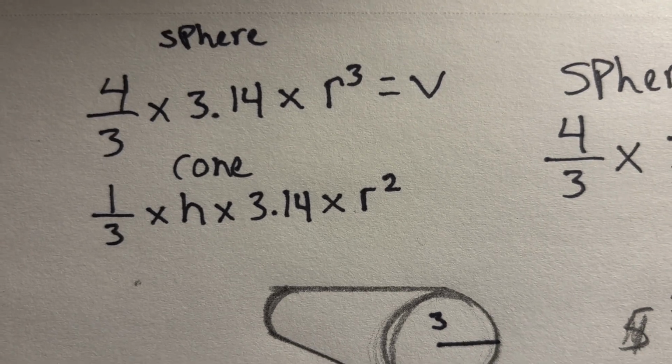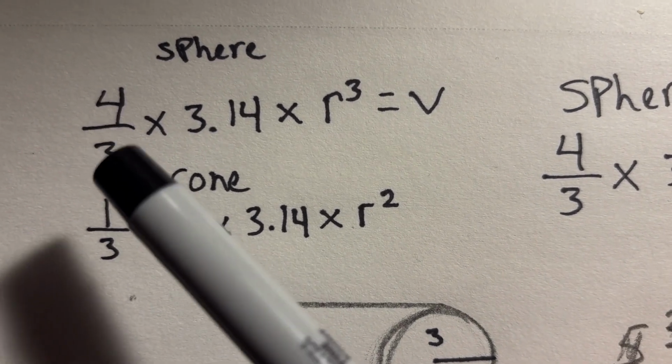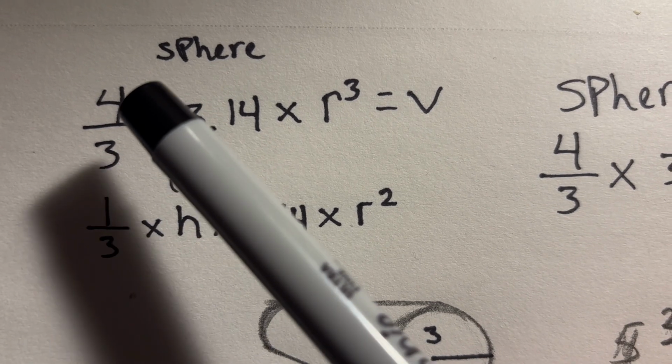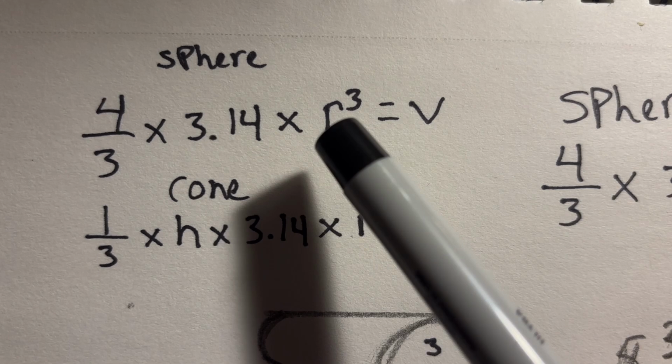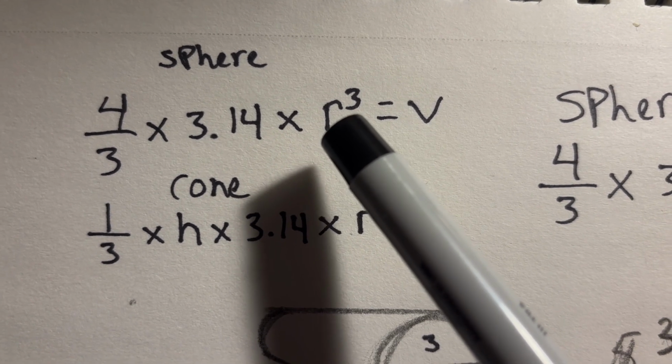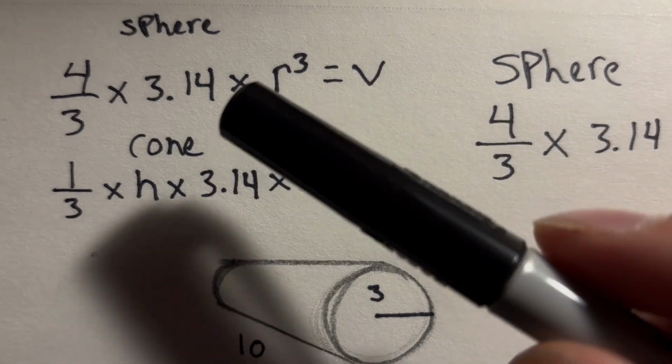Here's the formula for a sphere and a cone. To get the volume, sphere is 4/3 times pi, 3.14, times r cubed, and r being radius.